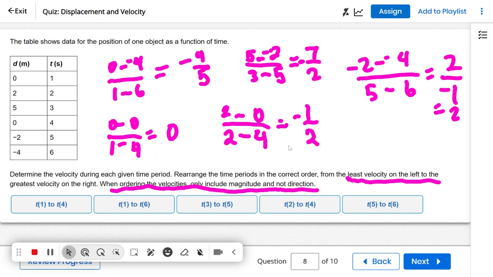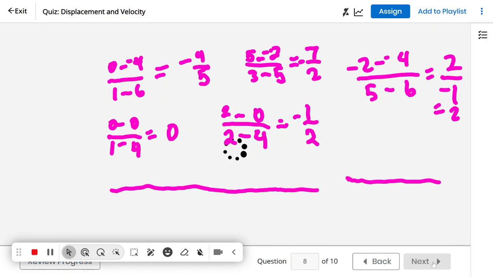And we're going to look for proper fractions. I'm ignoring the negative, so 2 to 4 is next. Then another proper fraction where the numerator is smaller than the denominator. This is going to come third. That we have 5 to 6, which is 2, and 7.5 is 3.5. That's it.